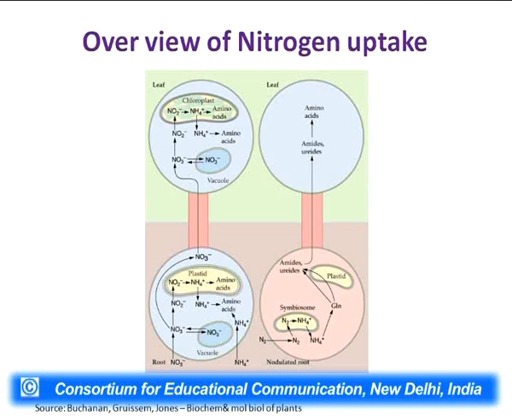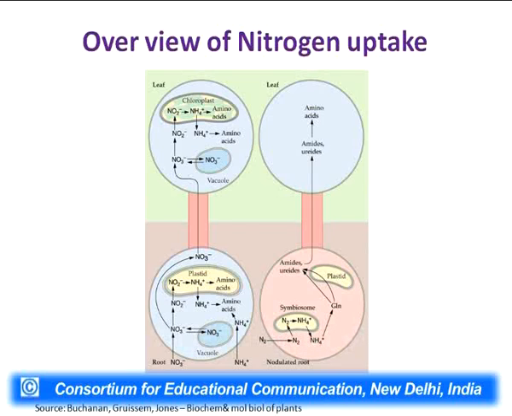We also discussed how nitrogen is acquired. Only two forms are absorbed by the plant: one is nitrate, shown on the left side, and the other is ammonia. The bacteria in combination with the plant can make ammonia, that is symbiotic nitrogen fixation.